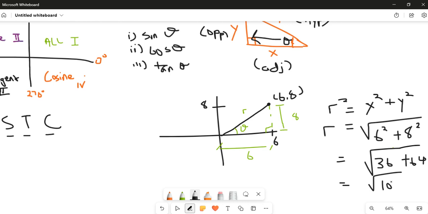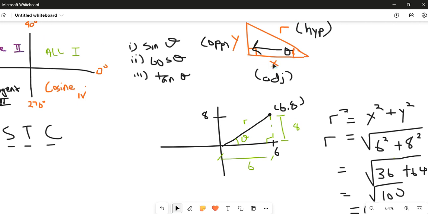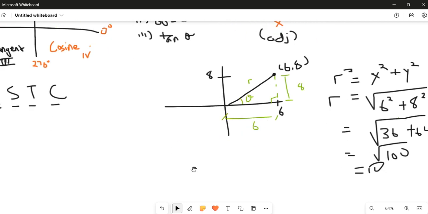So the square root of 100 is 10. So we found our r, which is also our hypotenuse. And remember, r, y, and x, whatever quadrant you're in, they'll still stay in the same positions. So our hypotenuse, which is r, is 10.